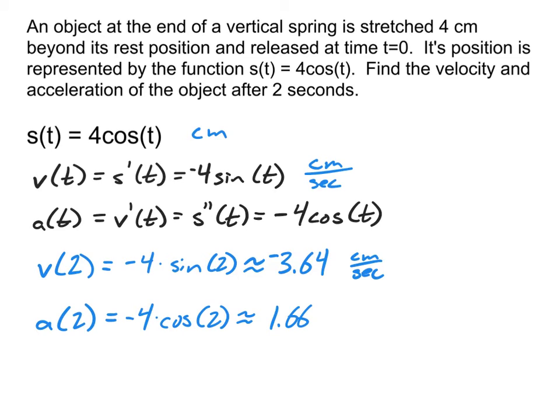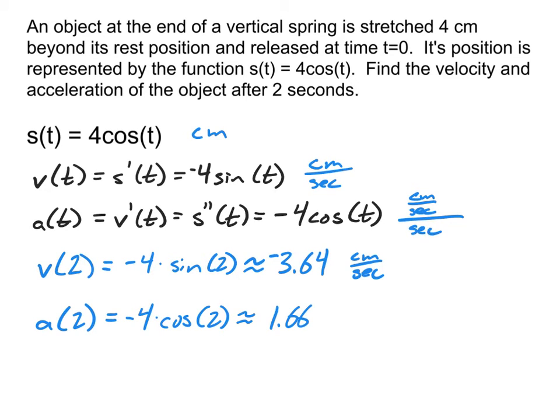And again, we need our units, right? Well, looking here at our acceleration function, we know that we did the derivative of velocity. So that means we start with centimeters per second. And then this is going to be all over whatever t is measured in, again, because we took the derivative with respect to t. And t again was measured in seconds.